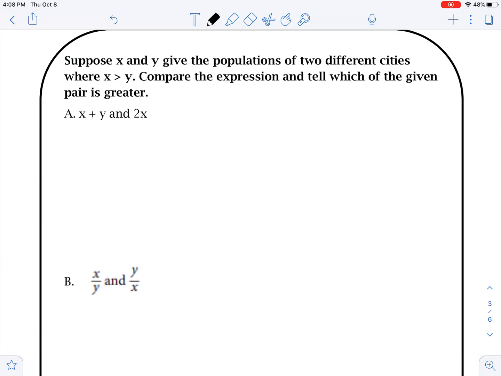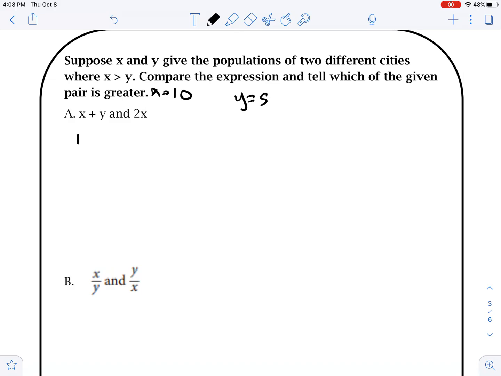Okay, so now here it says, suppose we have X and Y, which give the populations of 2 different cities. X is greater than Y. So I'm just going to make up 2 numbers. Let's say X equals 10, and so then Y equals 5. It says that X is greater than Y, so X is bigger than Y, so that's good. Compare the expressions to tell which is greater.